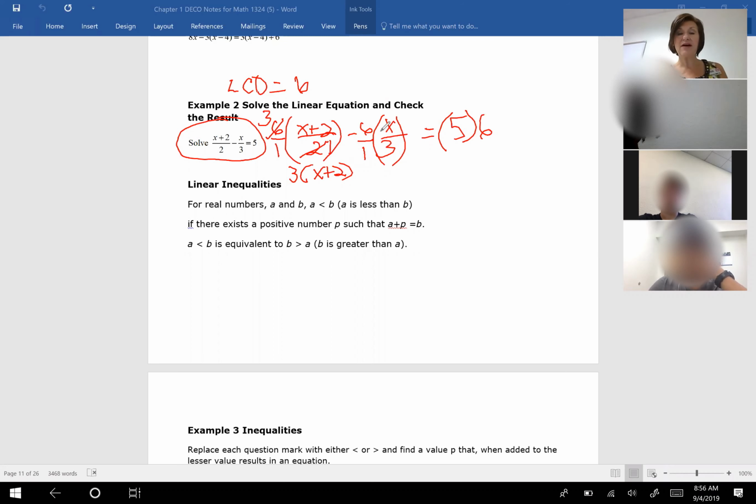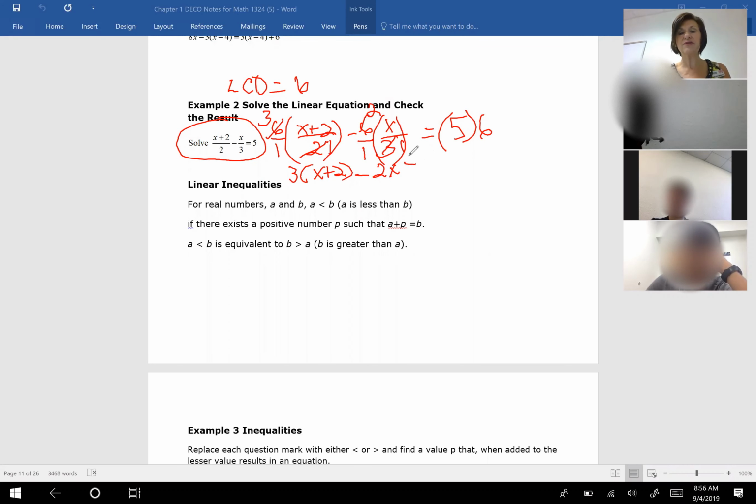Now, what's going to happen in the next term? Because I have a 3 on bottom and a 6 on top. What can I do with that? Divide both by 3. 3 goes into 3 one time. 3 goes into 6 2 times. Now, tell me what to write down. I've got my minus sign, and then what? 2x.